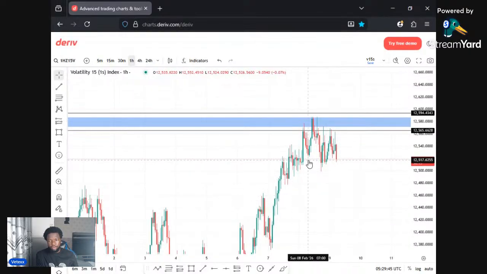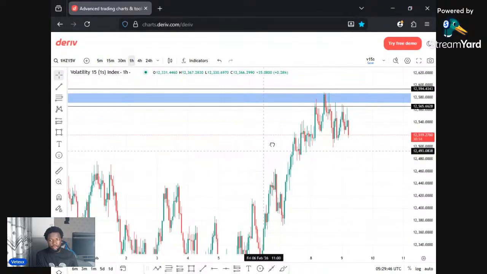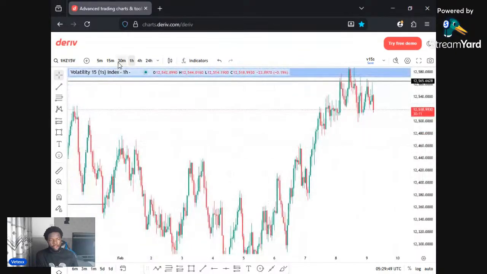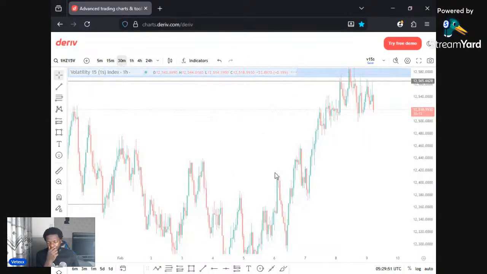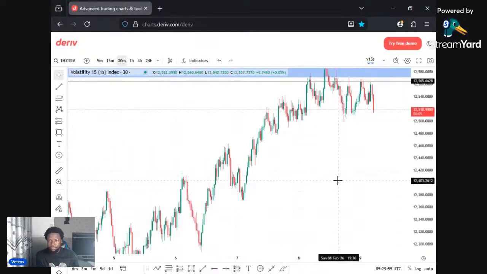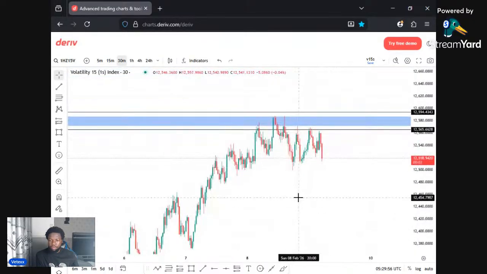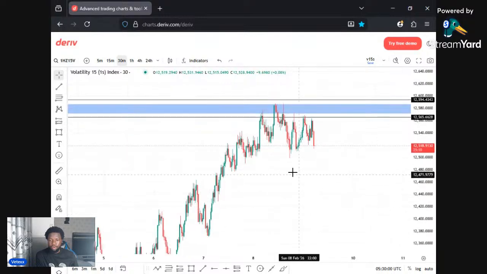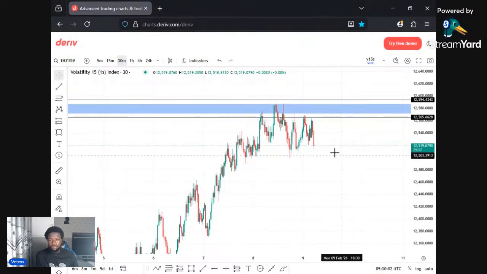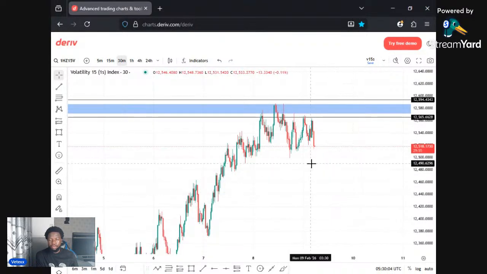So in the 1 hour time frame, this is what we have. So what do we do next? We go down to the 30 minutes. So currently this is what we have. So there's nothing happening currently until price gives us a very strong sell setup.